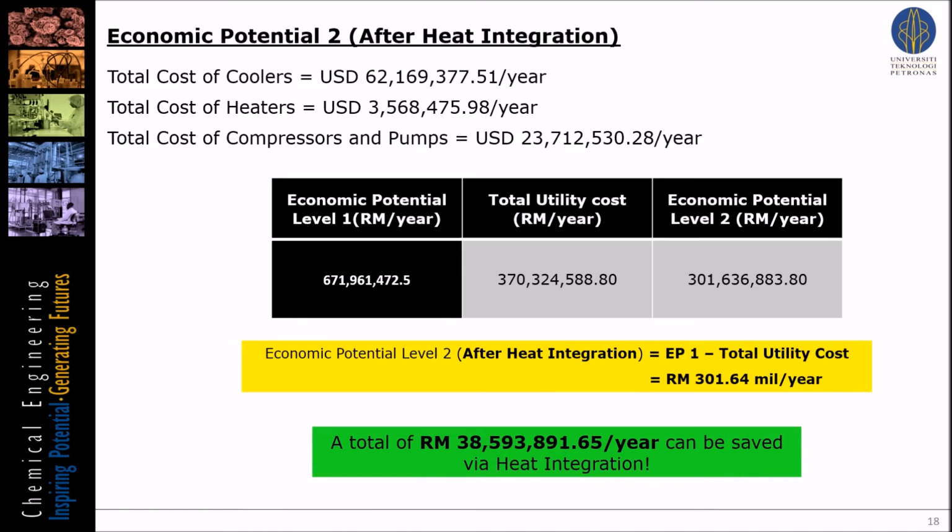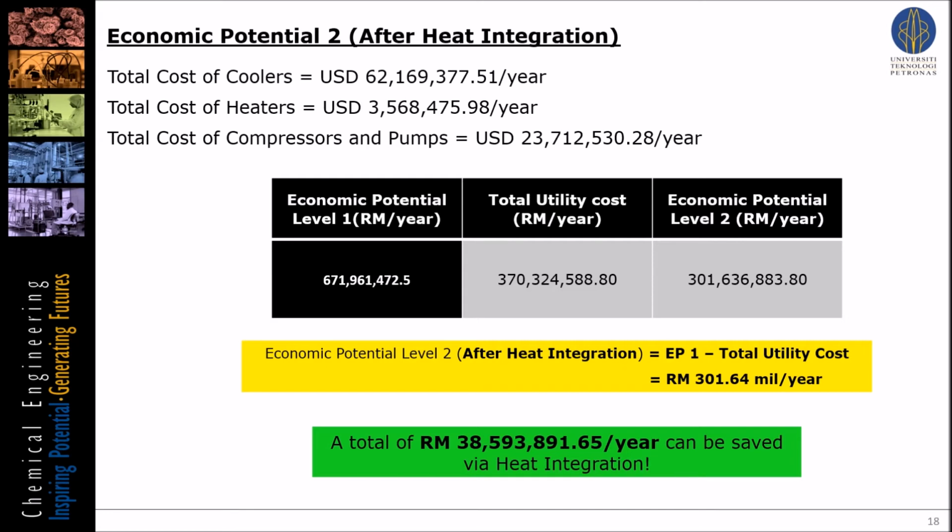And then we calculated the economic potential level 2, which is basically EP1 minus total utility costs. We totaled the utility cost, which comprises the total cost of coolers, total cost of heaters, and total cost of compressors and pumps. We got the EP2, which is equal to RM 301.64 million per year.